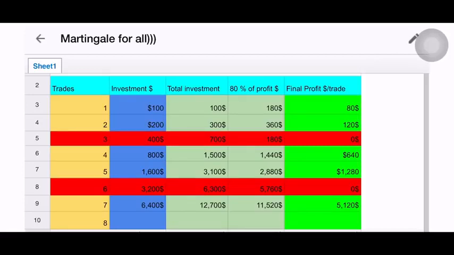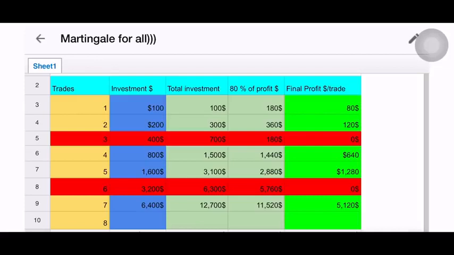In this case I made a little bit of a mistake, probably it's 120, pardon me, it must be $160 my final profit. Now the third trade, where I opened by doubling the second trade, is a $400 investment.